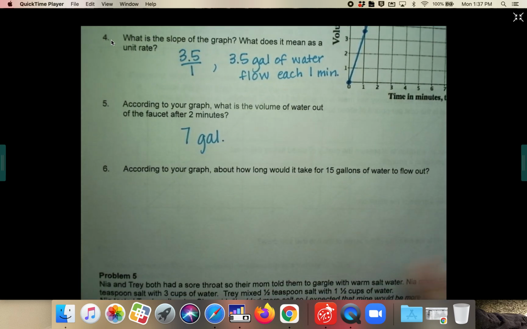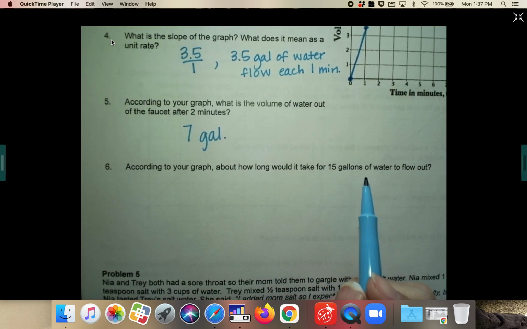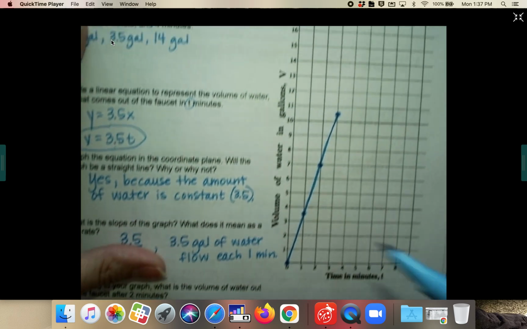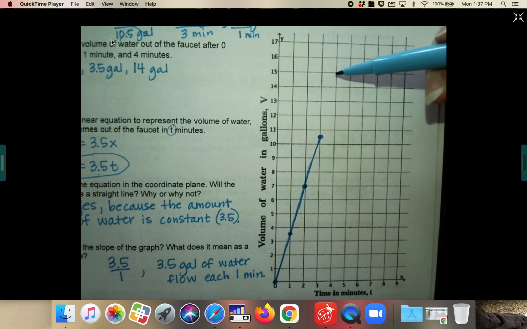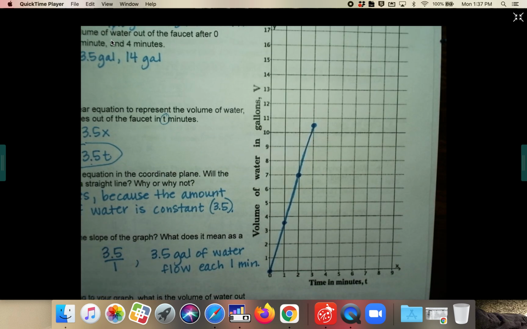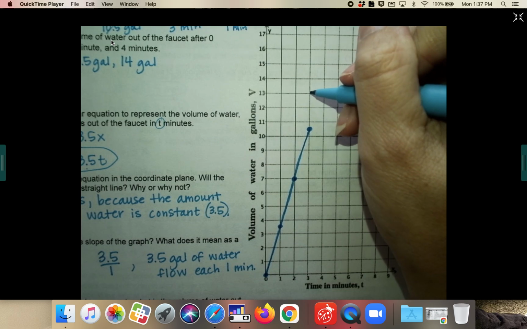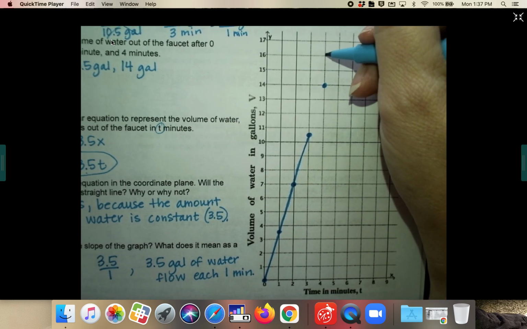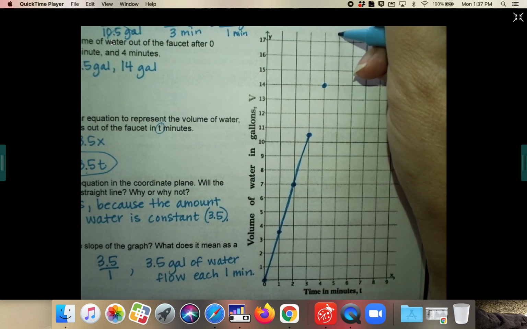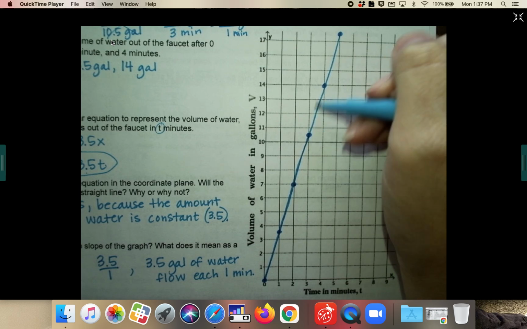All right, according to your graph, how long would it take for 15 gallons to flow? So I would go up here to gallons, and I'd go to 15, and I'd go out and see where we're at. I did not continue that the whole way, so I need to keep going. We need to go up 3.5 more over another 1, 3.5 more over another 1, and then try to make your line as straight as possible.